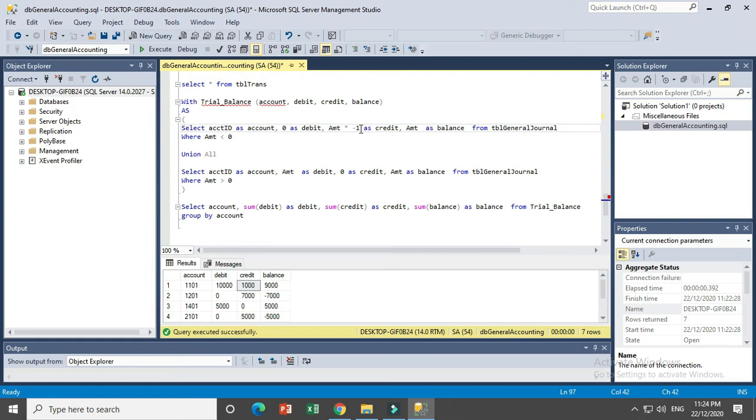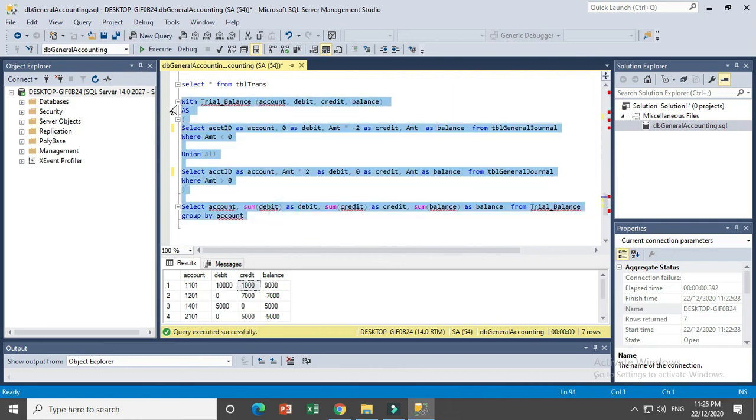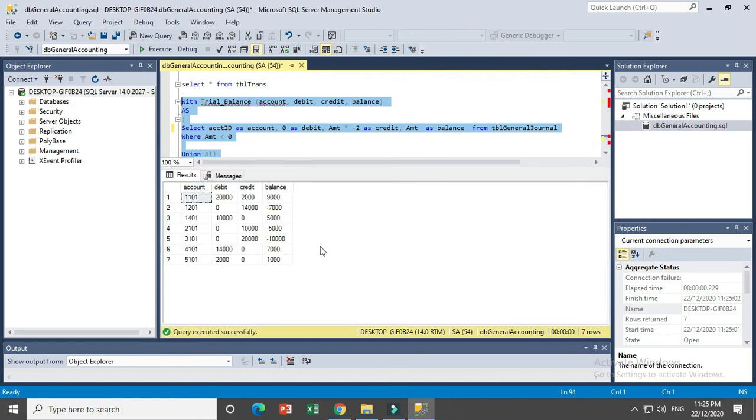Let's see, for example, this one. We'll just multiply this by 2, and then also the debits here. Where is the debit? We'll also multiply that by 2. Okay, so look at the results. It's quite different, and the amounts are a little bit bigger, right?